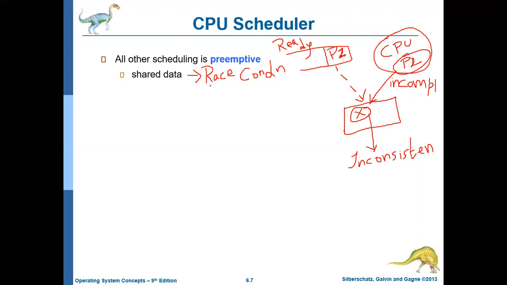This situation is called a race condition. How to deal with the race condition, or how to overcome this problem, we will be discussing later. But this issue may happen with respect to preemptive scheduling.